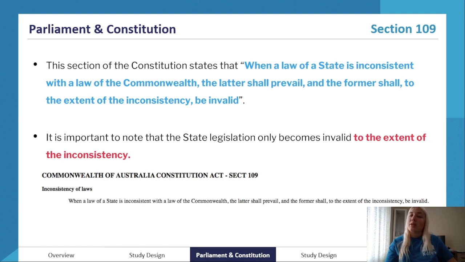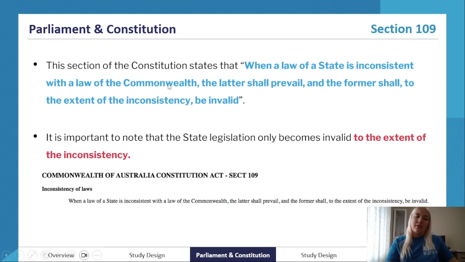And the state law is abolished or it's gone, but only to the extent of the inconsistency. So only the part of the state law that contradicts the Commonwealth law will be abolished, and the rest of it will operate as usual. We only care about there being no contradictions. If there is a contradiction, the Commonwealth is superior and their law will prevail.